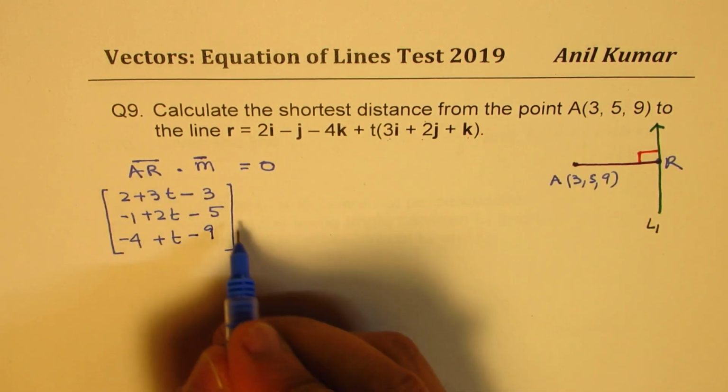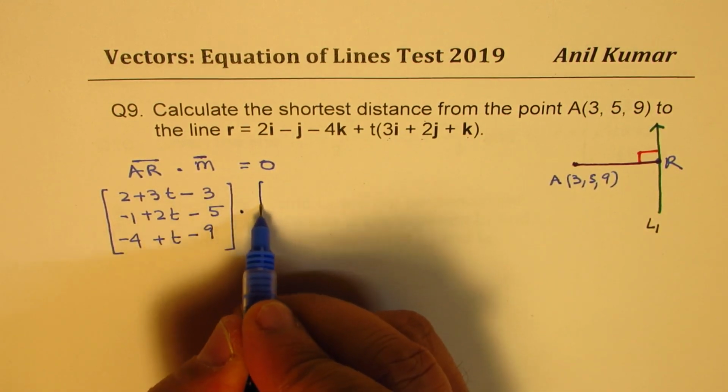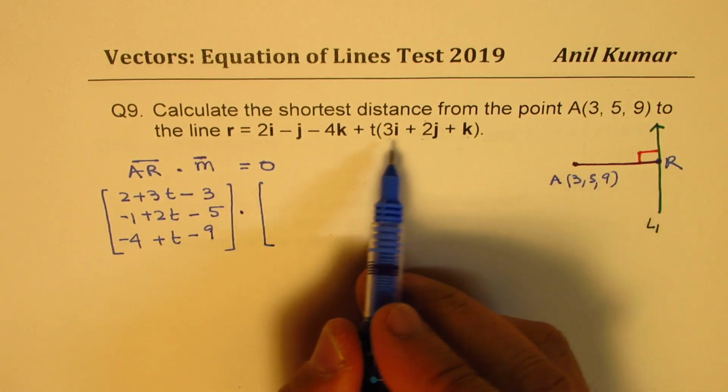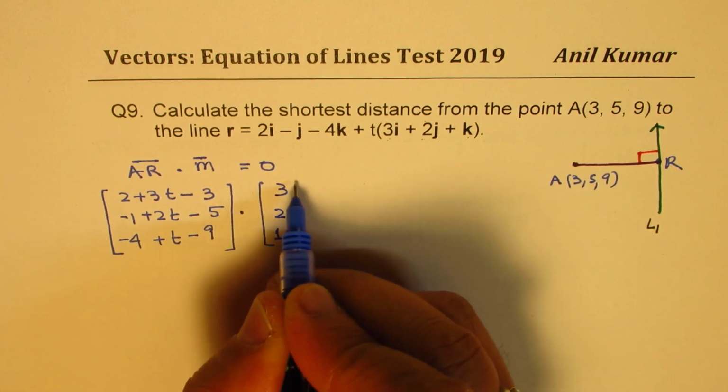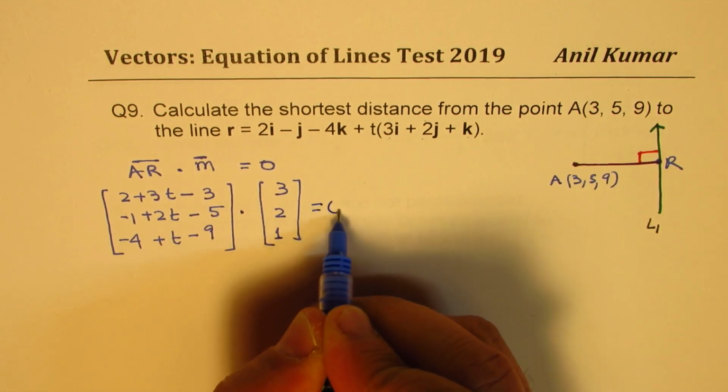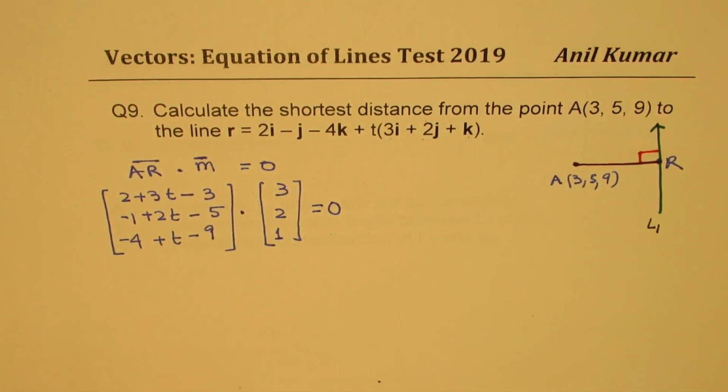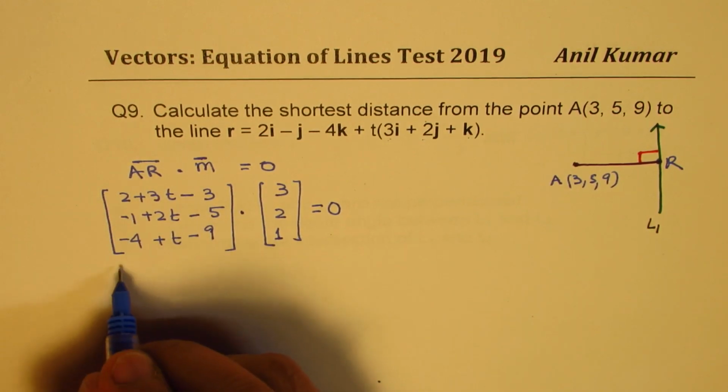That is AR dot M, which is 3, 2, 1. This should equal 0. Correct? So let's write down what AR is.